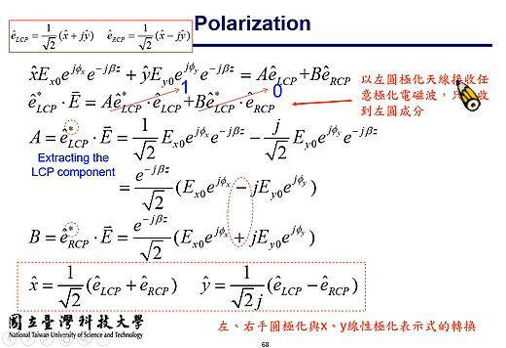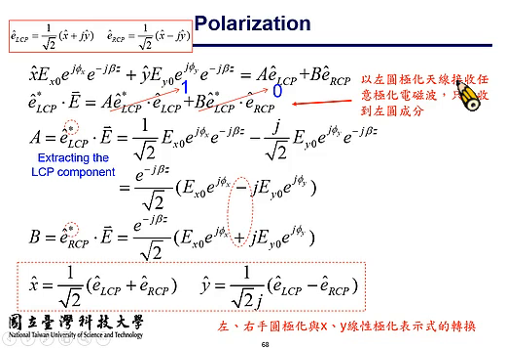In HFSS, you draw the radiation pattern, right? This is your RCP pattern. Is this enough? This is not enough. You need to draw the LCP pattern at the same time.